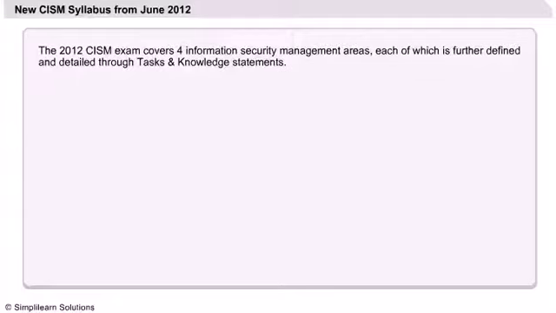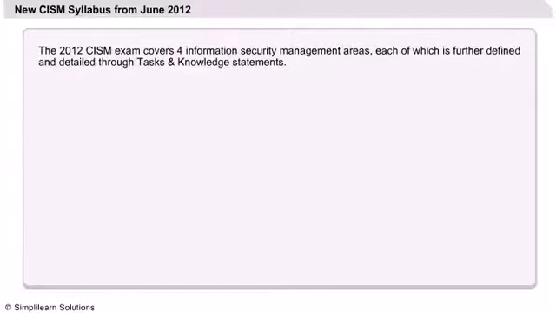Domain 2, Information Risk Management and Compliance, 33%. This domain covers managing information risk to an acceptable level to meet the business and compliance requirements of the organization. Domain 3, Information Security Program Development and Management, 25%.